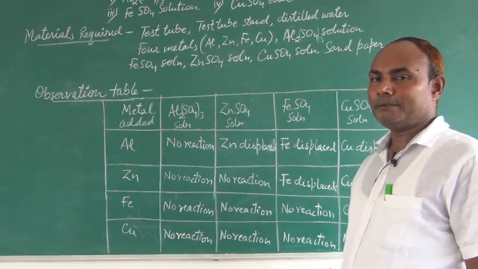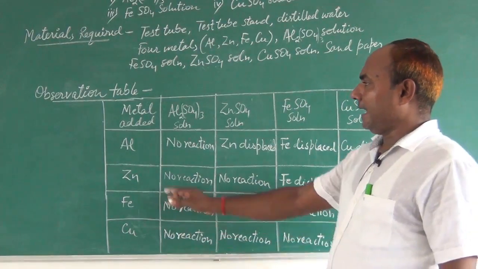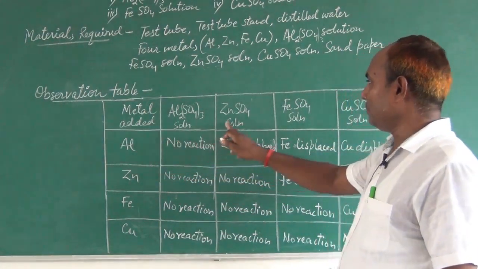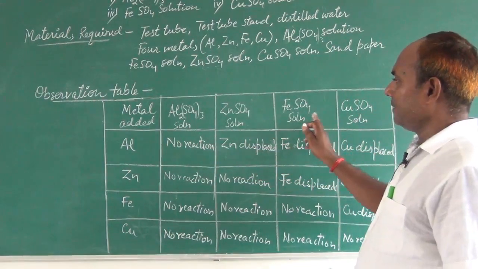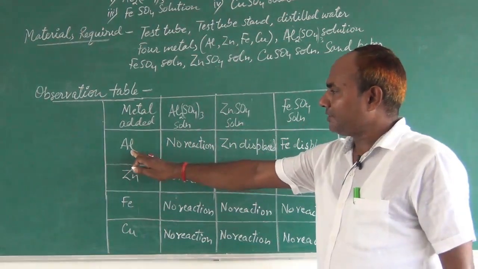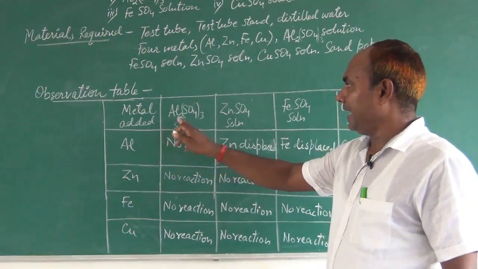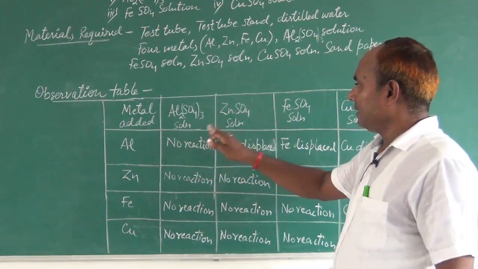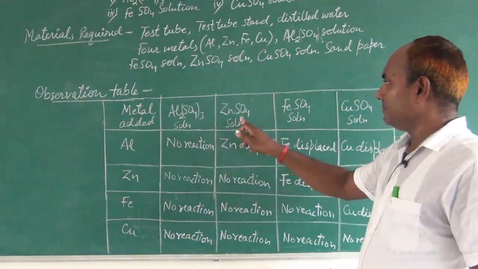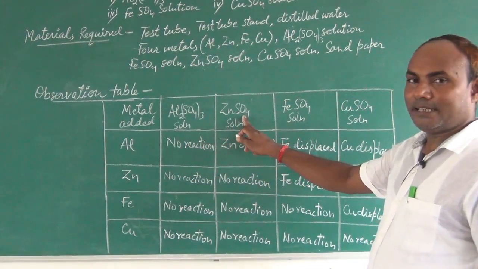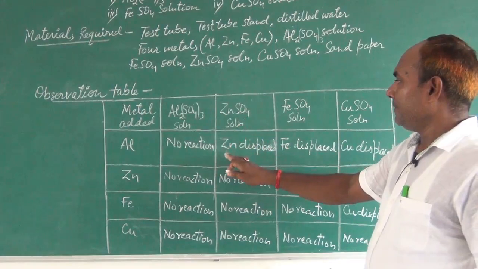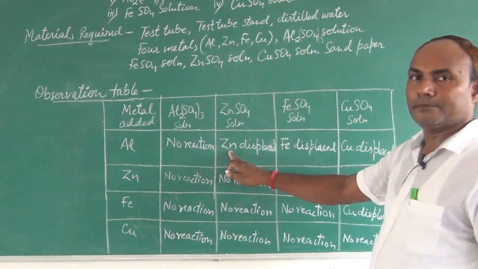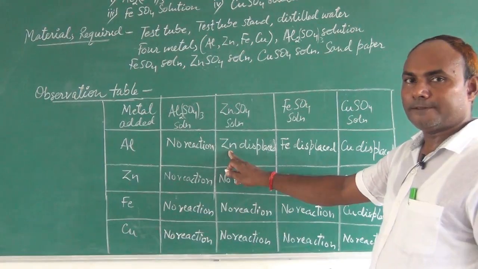If we observe the action of aluminum metal with these four salt solutions: with aluminum sulfate, no reaction, but with zinc sulfate, we observe that aluminum displaces zinc from zinc sulfate solution.